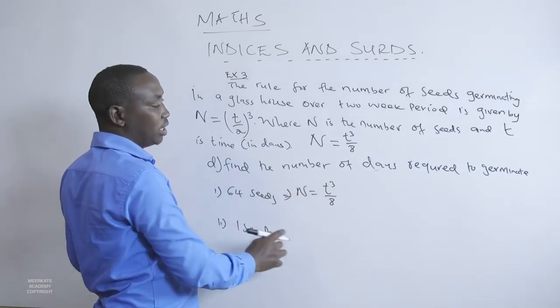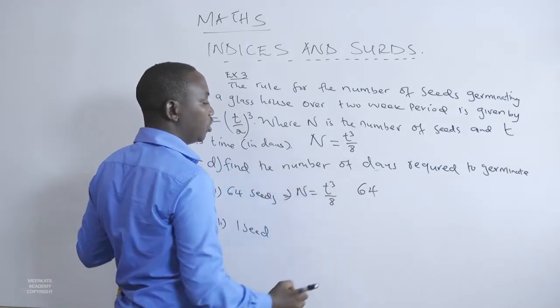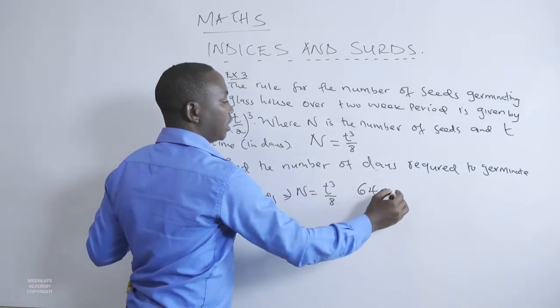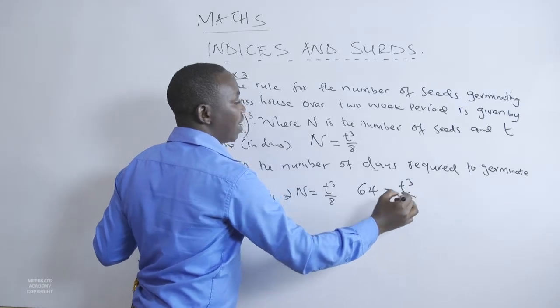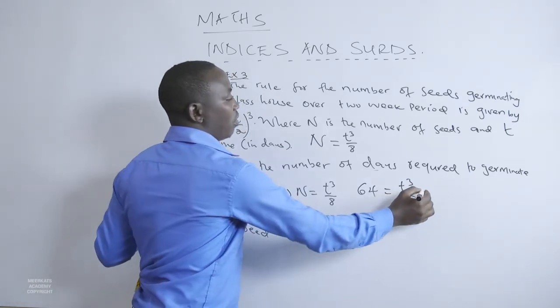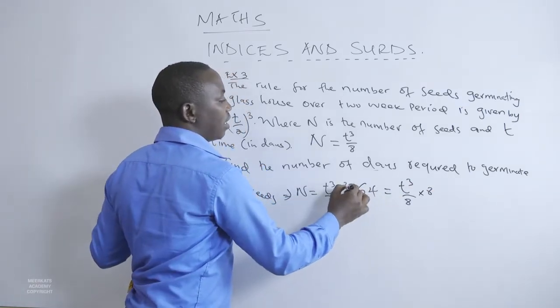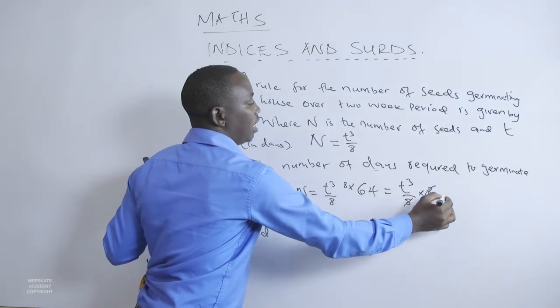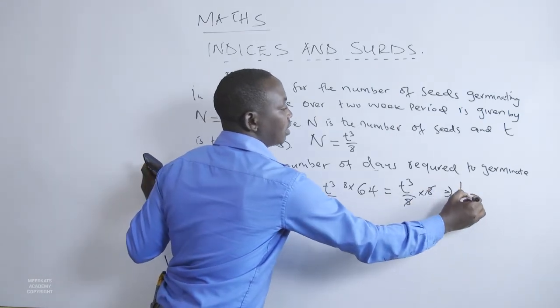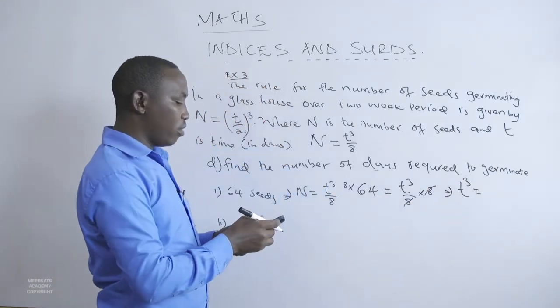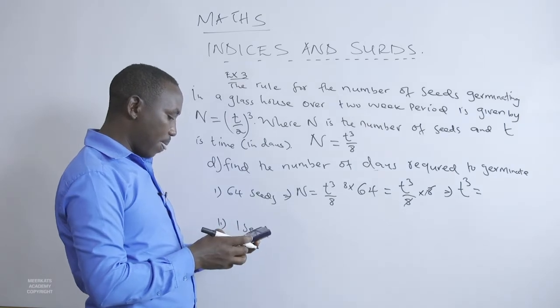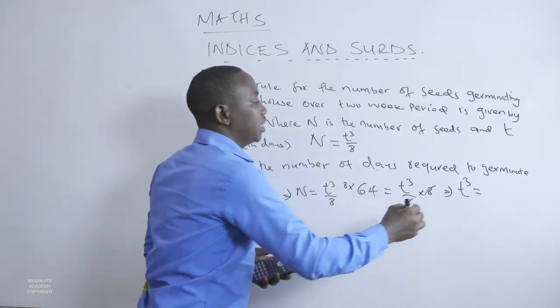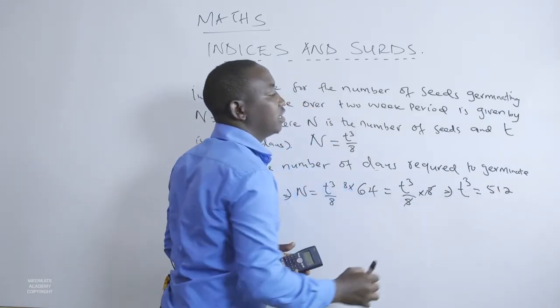We have n, which is 64. So when we substitute n with 64, we get 64 equal to t cubed all over 8. That means we multiply both sides by 8 to eliminate the denominator. This gives us t cubed equal to 8 by 64, which is 512.